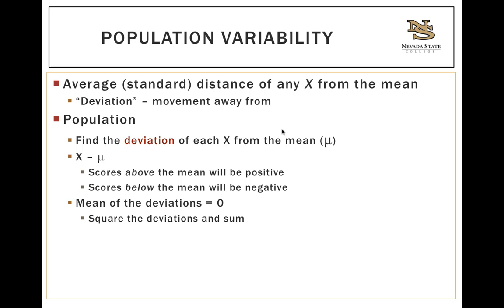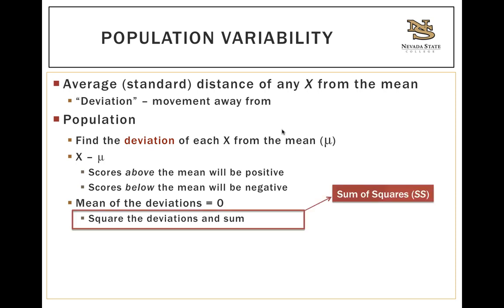The reason that we square our deviations is to get rid of that problem of having those negative deviations, because when you square a negative number, the result is positive. So that means that all of our deviations can now be positive. This step, squaring your deviations and then summing, is conveniently called your sum of squares, which we will be noting with SS.